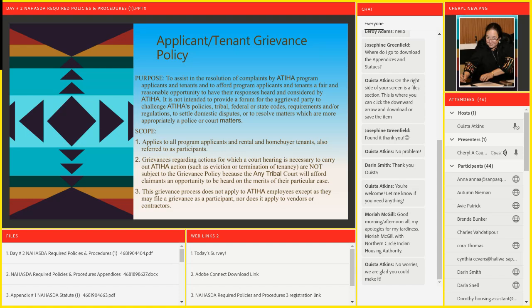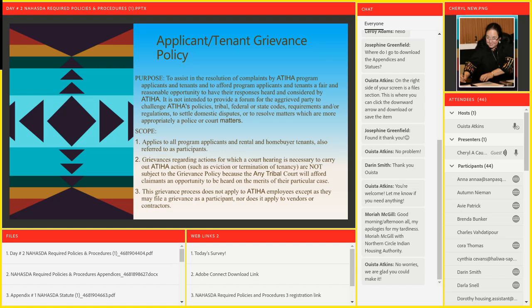The scope: it should apply to all program applicants and rental and homebuyer tenants, also referred to as your participants. Grievances regarding actions for which a court hearing is necessary to carry out your housing entity action, such as an eviction or a termination of tenancy, are not subject to your grievance policy, because any tribal court will afford your claimants an opportunity to be heard on the merits of their particular case.